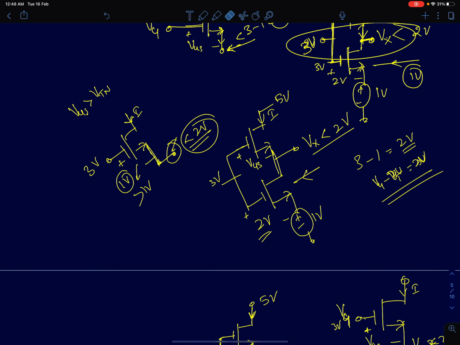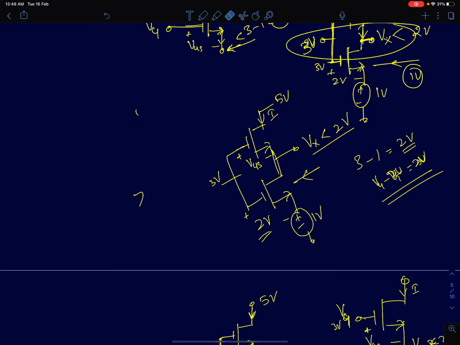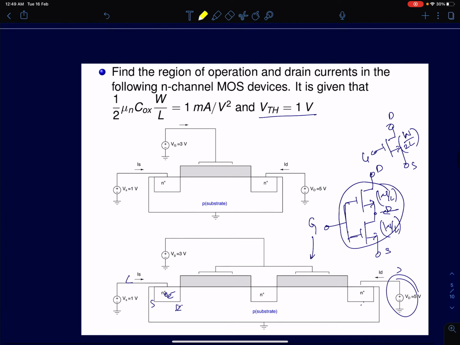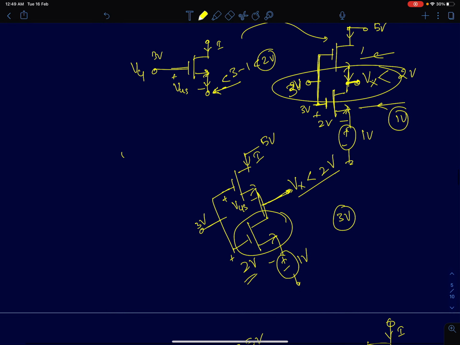So I've redrawn the circuit here. Here you can immediately see that this node voltage will be less than 2 volts. Now the gate voltage is at 3 volts, and the condition for this device to be in saturation is Vg minus Vt. So we will compute Vg minus Vt, which happens to be 3 minus 1, which is 2 volts.